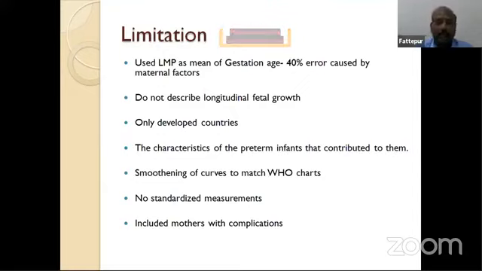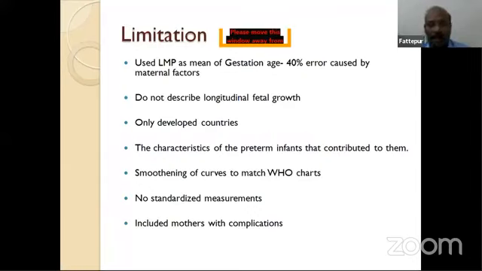So whether they have really plotted the correct gestational age, it leads to a lot of errors. And they do not describe longitudinal fetal growth. They just take cross-sectional measurements immediately after birth, the weight, length, and head circumference of the baby. They do not measure once again how the baby grows longitudinally over many months.